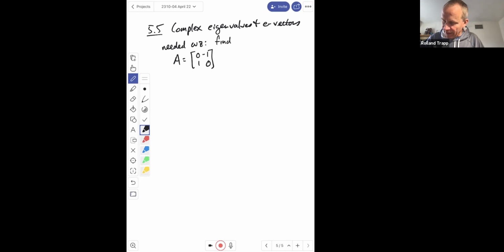Suppose I want to find the eigenvalues of this matrix. So I have to solve the determinant of A minus lambda I equals 0.